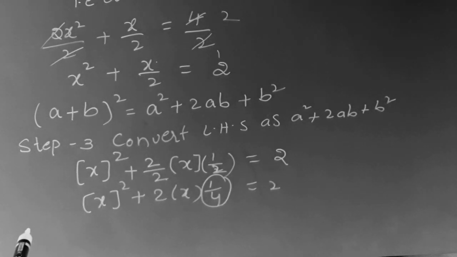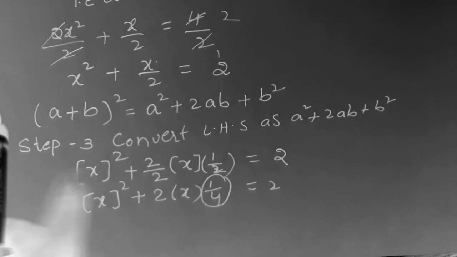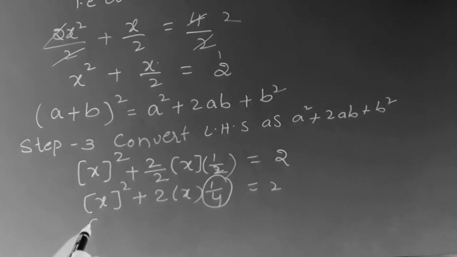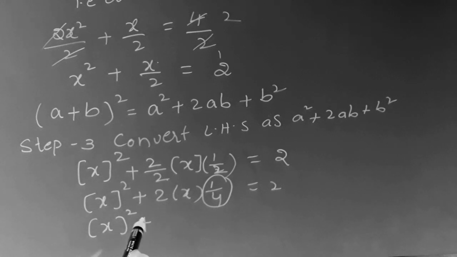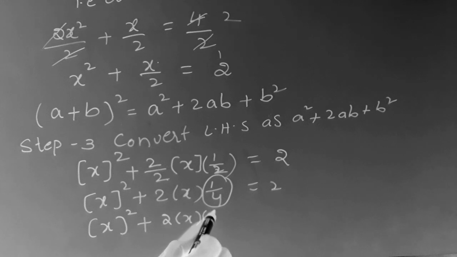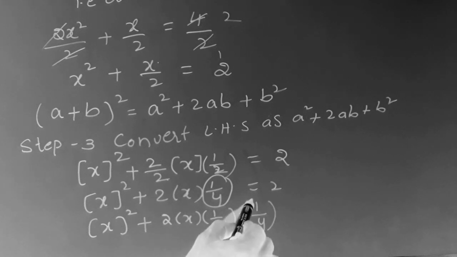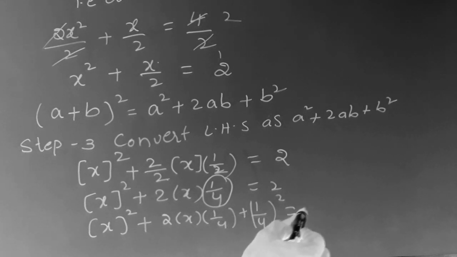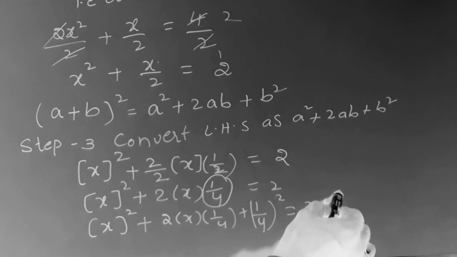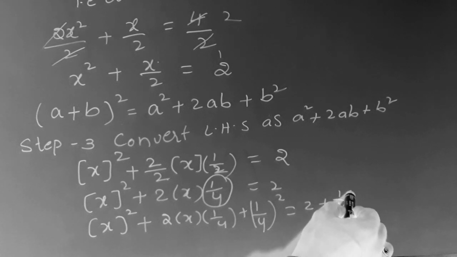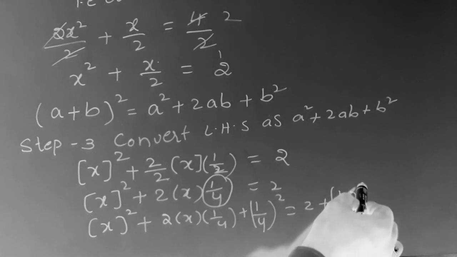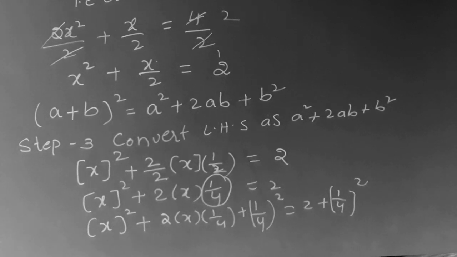So adding b square on both sides, x square plus 2ab, and I am adding b square, that is 1 by 4 whole square, 2 plus 1 by 4 whole square. Adding b square on both sides.